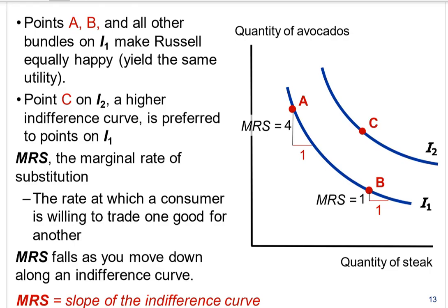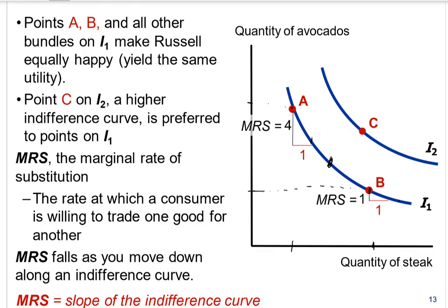Where Russell is at this point A and consumes this much of avocados or this much of steak, he gets a level of satisfaction equal to the satisfaction that he gets at point B. So he could prefer being at this point here or that point, anywhere on I1. He gets exactly the same satisfaction.